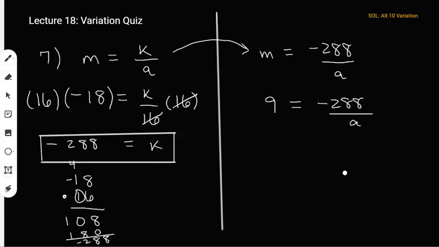So now to get a by itself, what I can do is I can get it out of the denominator by multiplying both sides by a. So when I do that, I get 9 times a is equal to negative 288 because they're going to cancel out in the top and the bottom on this side. So the last thing I need to do to get a by itself is divide both sides by 9.